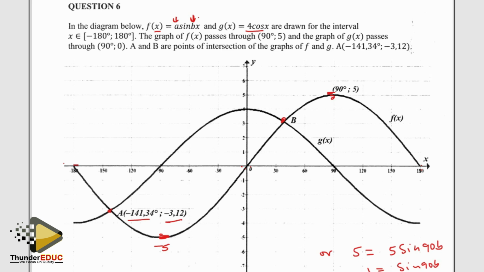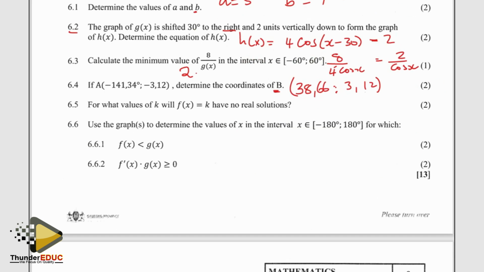So we either need to shift it more than 5 units upwards, or we need to drop it more than 5 units downwards. So I'm going to say that k has to be greater than what? Than 5 units, or k must be less than 5 units.